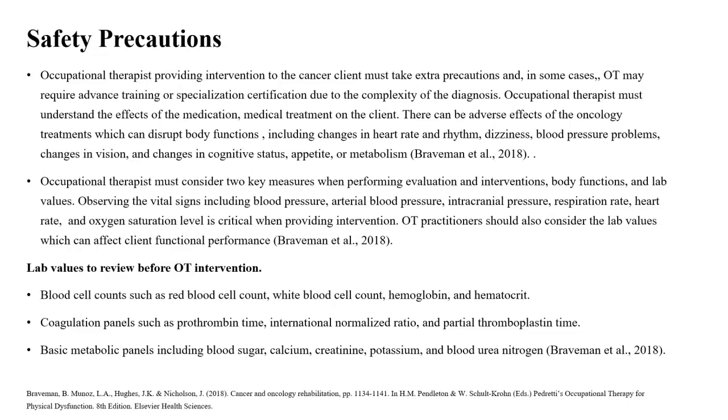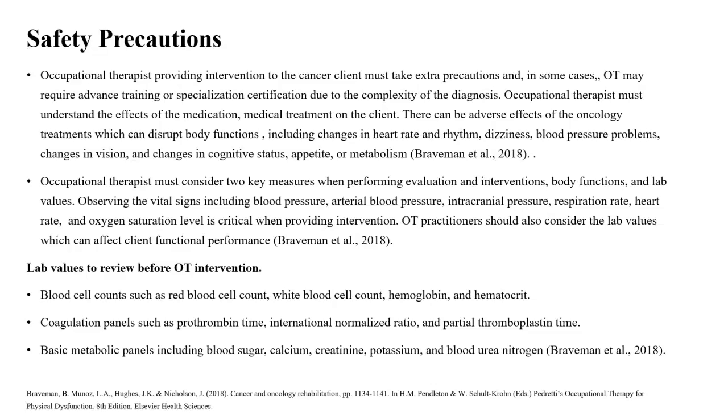So, observing the vital signs, including blood pressure, arterial blood pressure, intracranial pressure, respiration rate, heart rate, and oxygen saturation level. These are very critical things that you must underline or highlight in your evaluation.